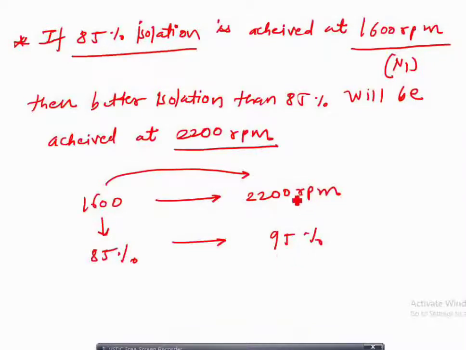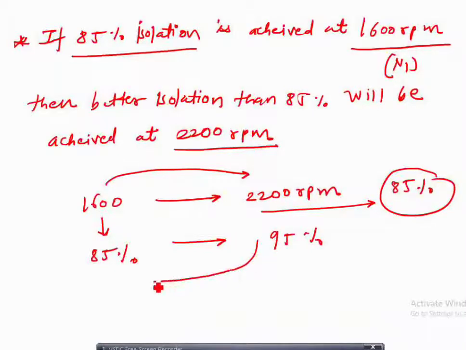But let us say if you would have selected 2200 rpm and achieved 85% isolation at 2200 rpm, and then the speed decreases from 2200 to 1600 rpm, this isolation would have decreased and maybe it would have been 75%.